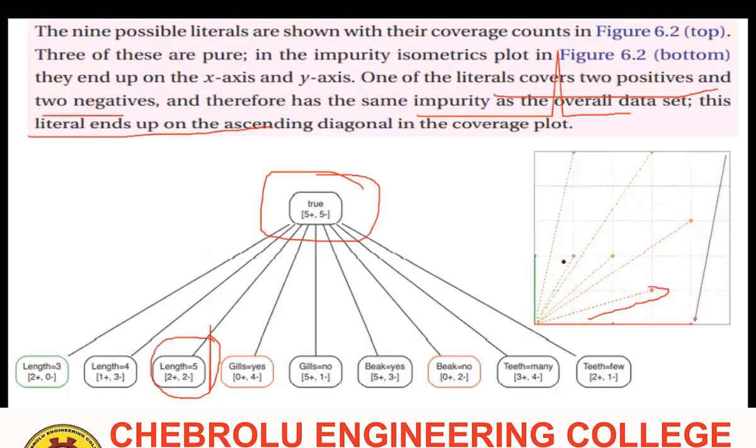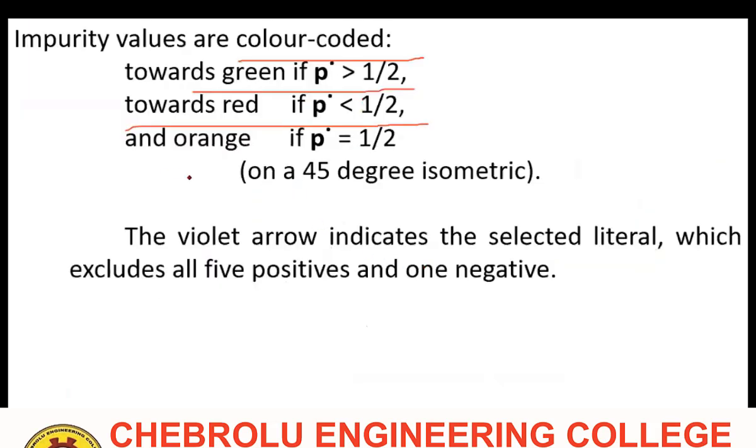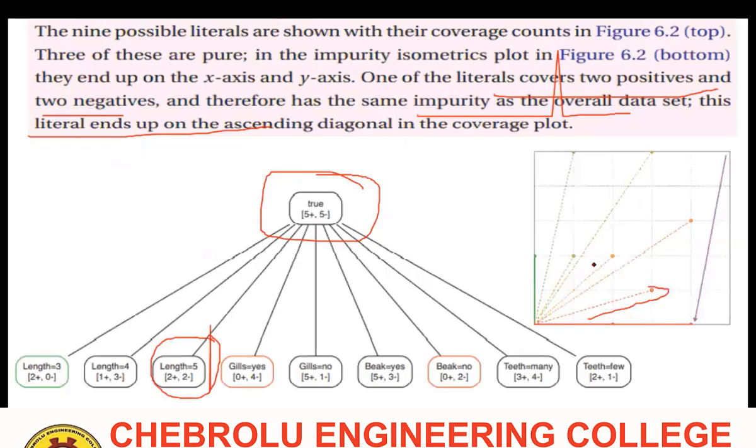And orange is p equal to 1.2. These are called orange. And towards red is less than 1.2.